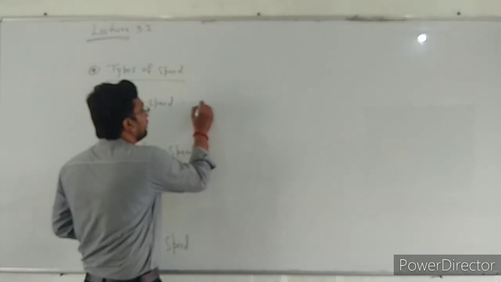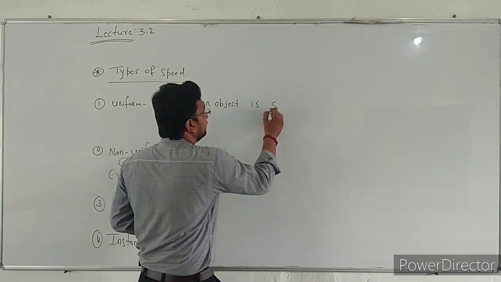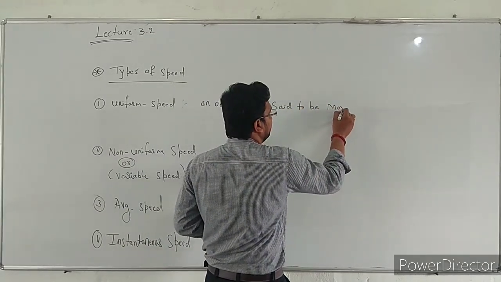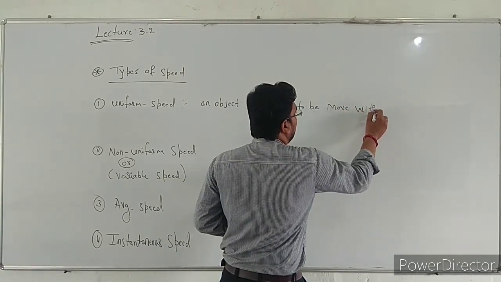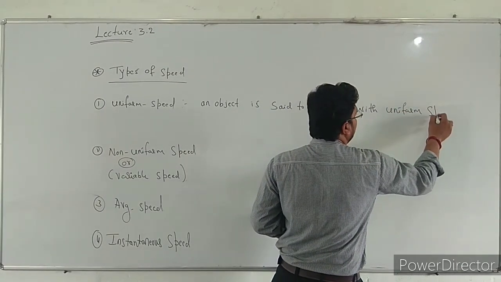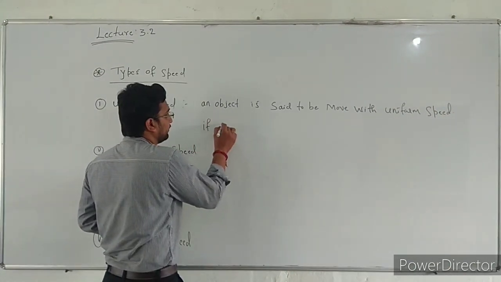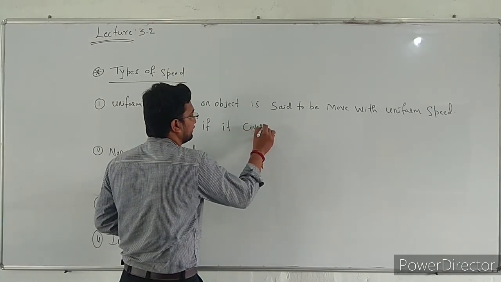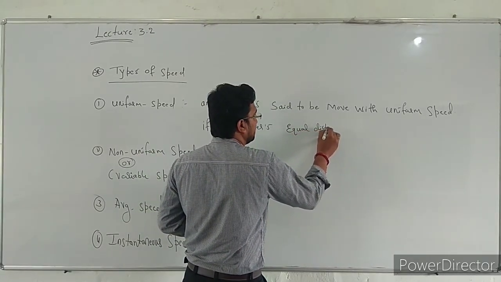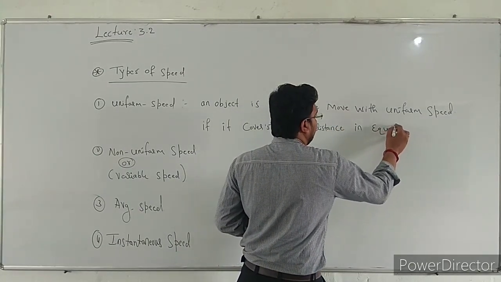An object is said to move with uniform speed if it covers equal distance in equal intervals of time.